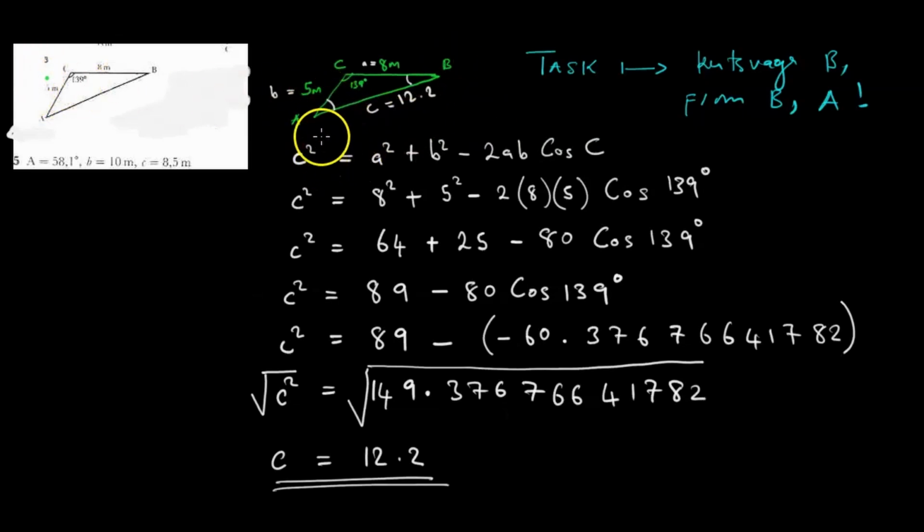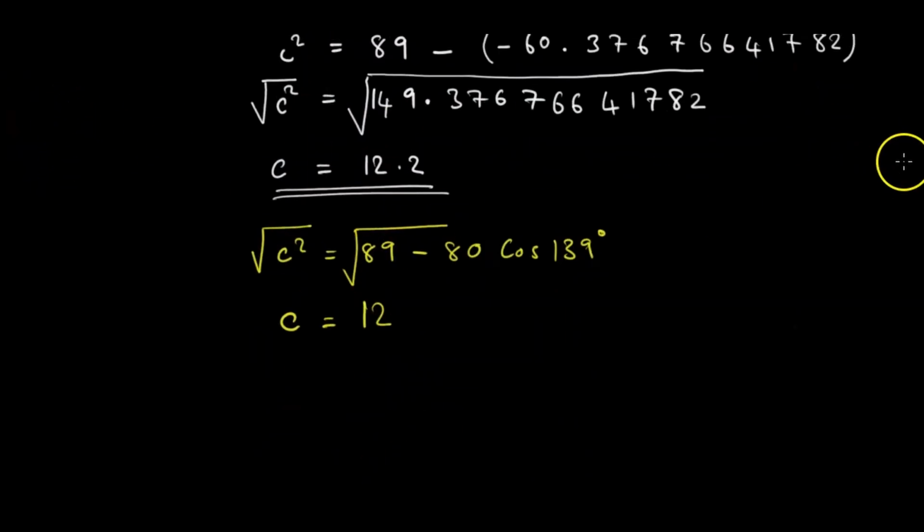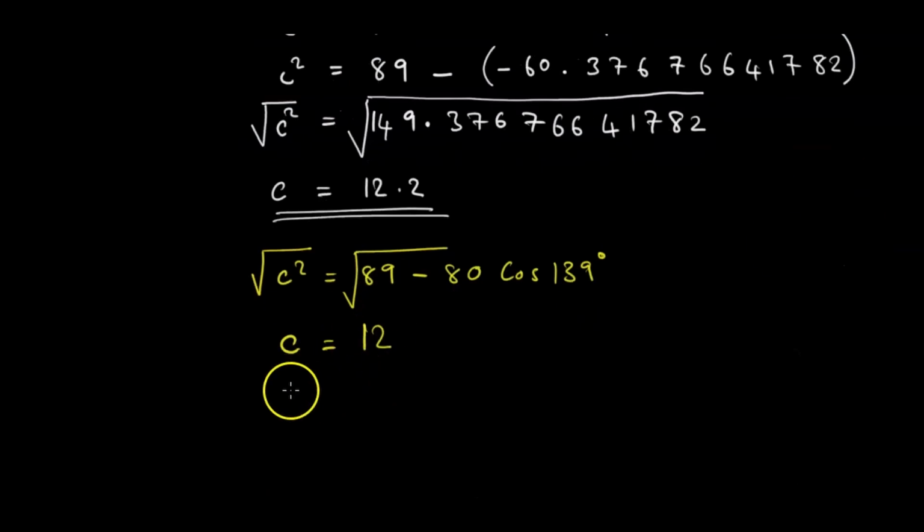So to find A, we have A over sine A is equal to C over sine C. That is what we used. Let me call this part 1, and here we are doing part 2.